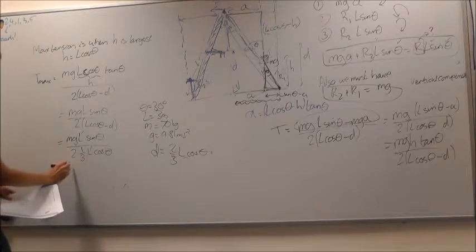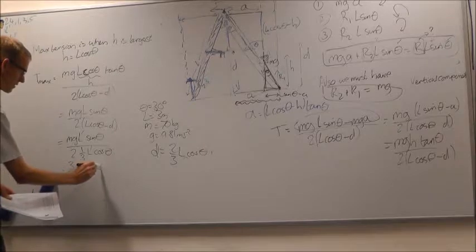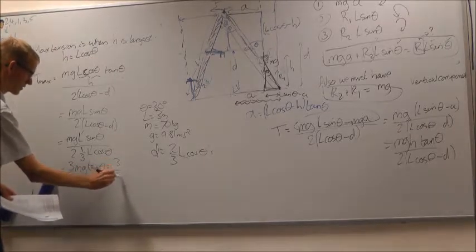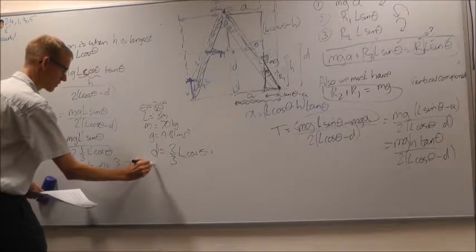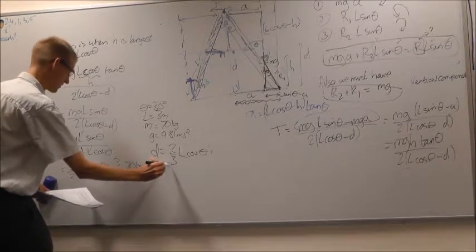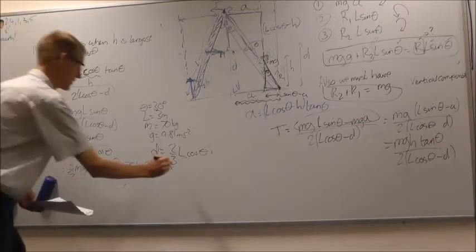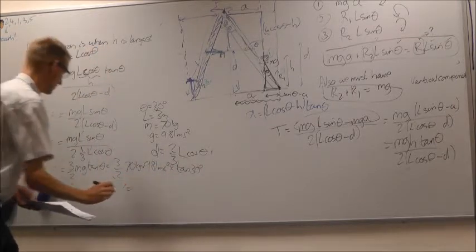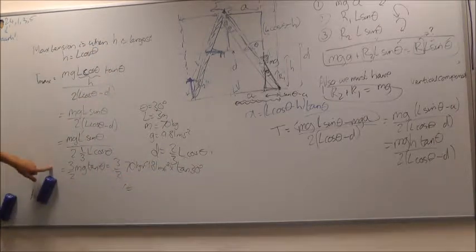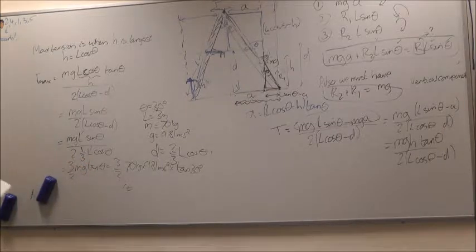So that's going to be 3 over 2 mg tan theta, 3 over 2, 70 kilograms times 9.81 meters per second squared times tan of 30. Just looking at the units, this is going to be a force, and of course mg is a force. Tan theta is dimensionless, so that works out.